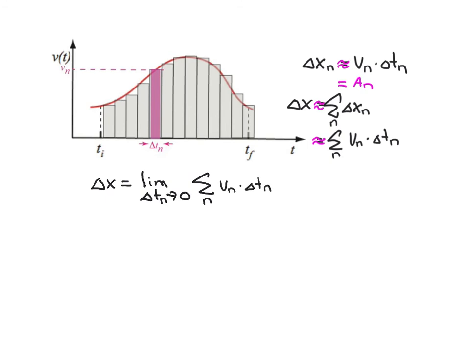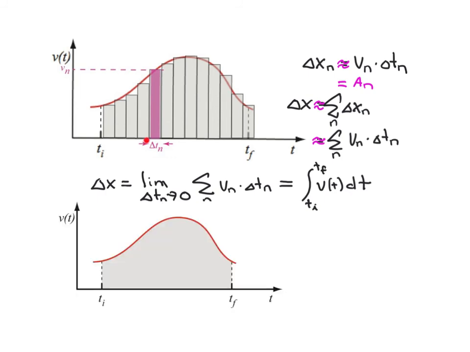And hopefully you can recall, this should look familiar to you from your introductory calculus class, that another name for this summation in the limit that delta t sub n goes to 0 is what we call a definite integral. So we can abbreviate this sum as the integral from the initial time t sub i to some final time t sub f of v of t dt.